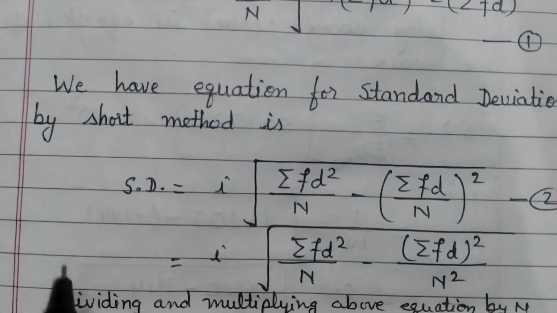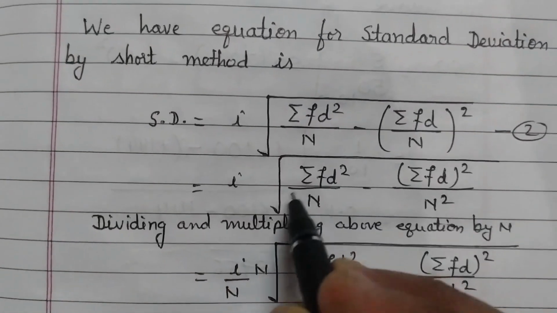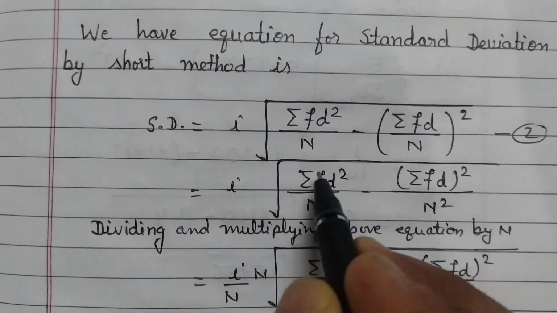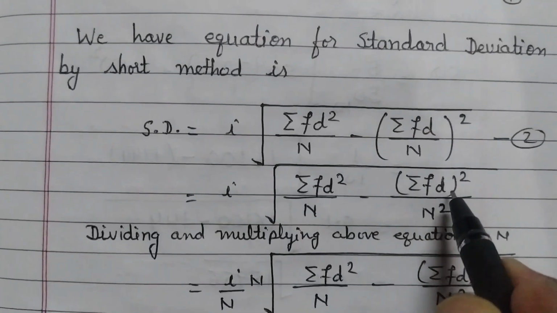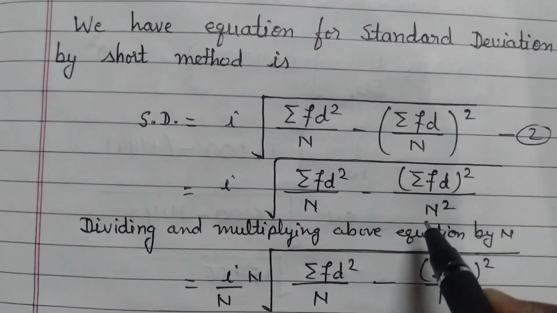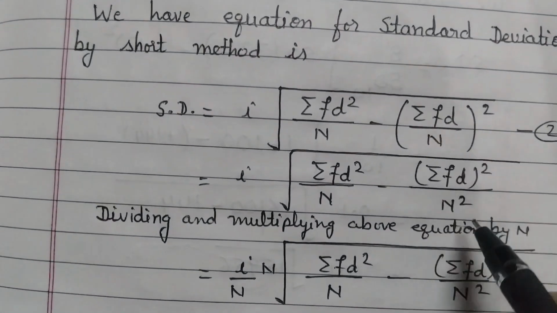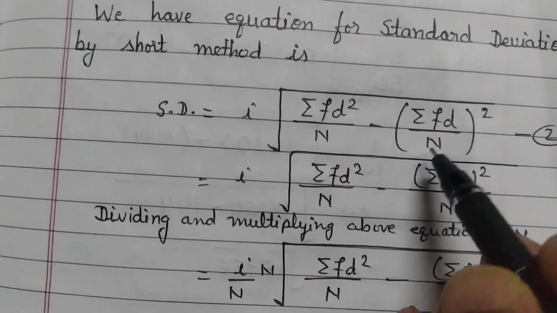Now moving forward, SD is equal to I under root summation fd square by n minus summation fd whole square by n square. We can also write it this way.